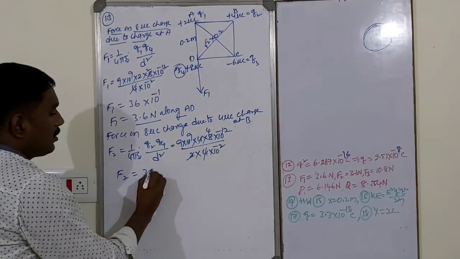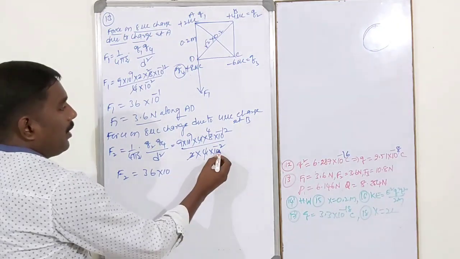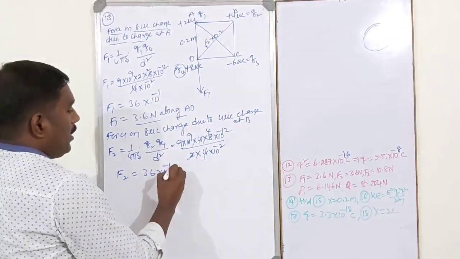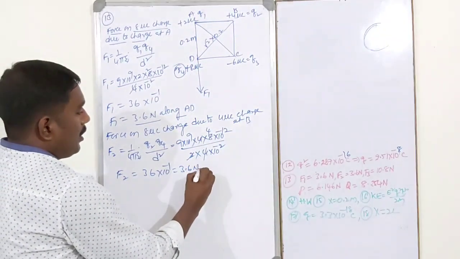F2 is equal to 36 into 10 power minus 1, that is 3.6 newton.